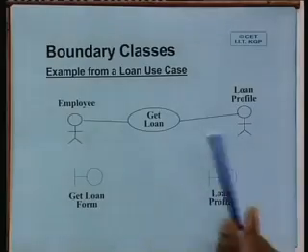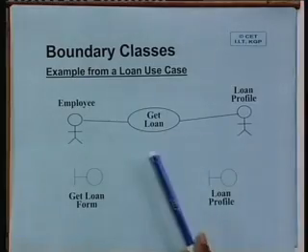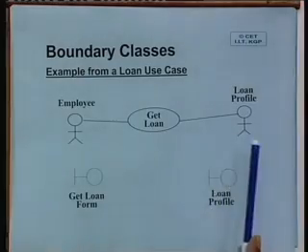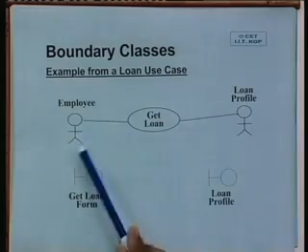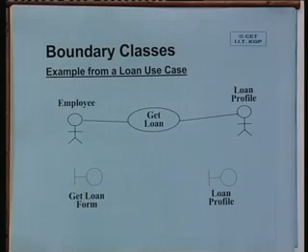Now you see, when you want to implement this, try to understand, we have the employee and the loan profile and the get loan. When you have to implement this particular situation, then you must have an interface by using which the employee will enter his details at some level or the other.